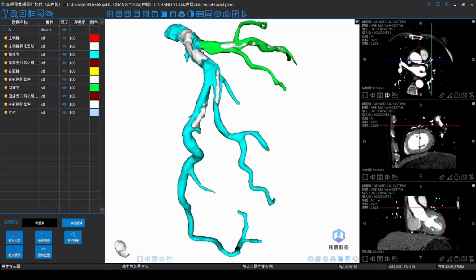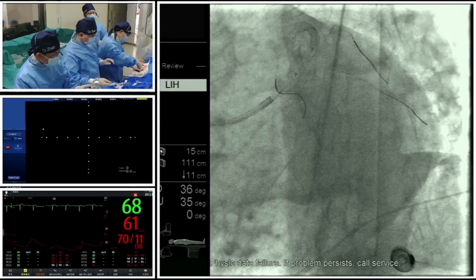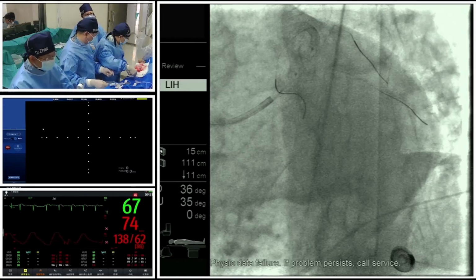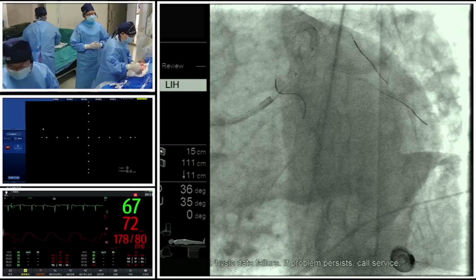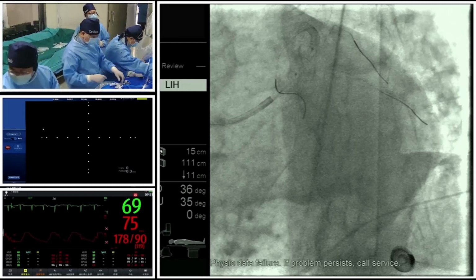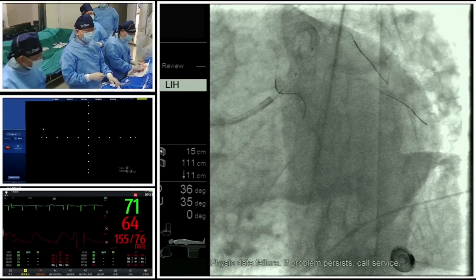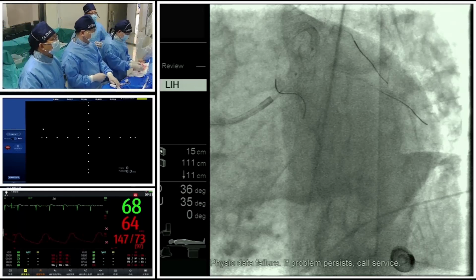So I think this is a very complex lesion. This is a multivessel lesion, and the right coronary artery was stented before. Right now, we could see severe stenosis in the circumflex. We could also see very diffuse and severe stenosis in the proximal to the middle part of the LAD. And it's also a bifurcation because it involves the proximal part of the diagonal, and we could see severe calcification.